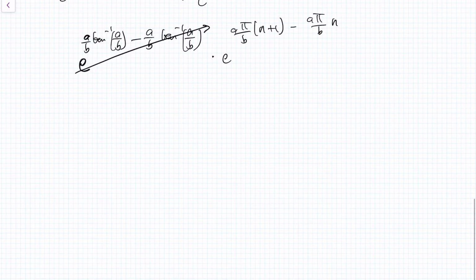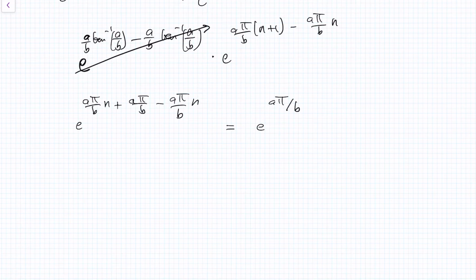And then we have e to the a pi over b n times, that would be plus a pi over b, and then minus a pi over b n, right? Which would give us e to the a pi over b, because this will cancel with that.